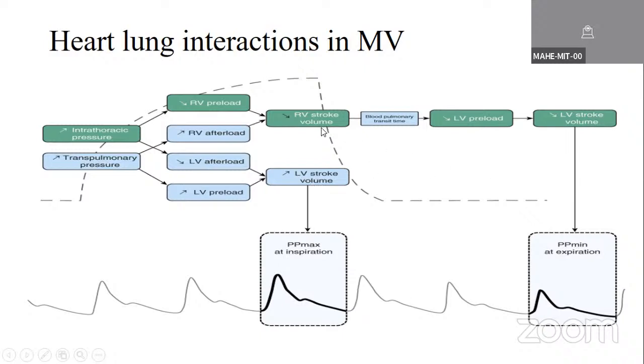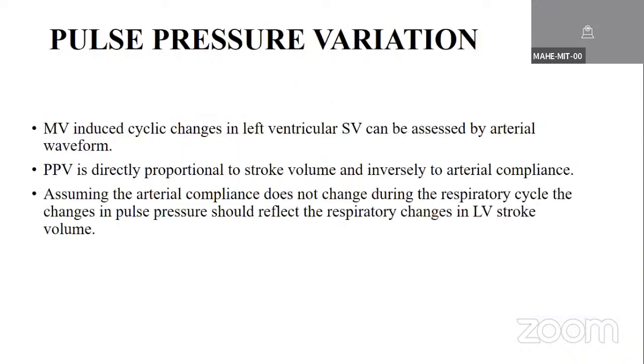During the expiration, the decrease in the RV stroke volume causes low LV preload, which causes a decrease in the LV stroke volume. At the end of expiration, there is a decrease in the LV stroke volume. The pulse pressure variation we measure using the arterial waveform, and it shows the mechanical ventilator induced cyclical changes in the left ventricular stroke volume.